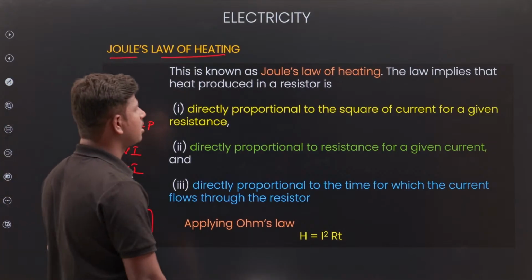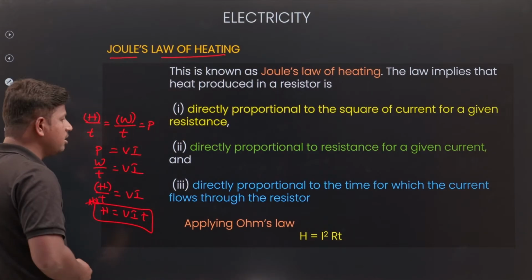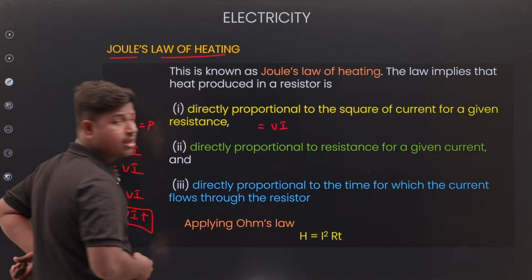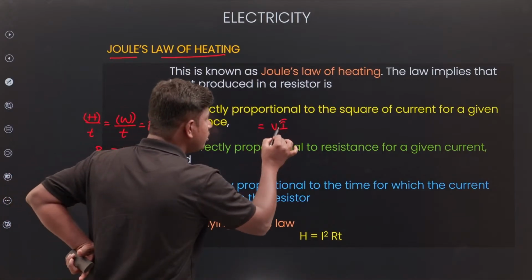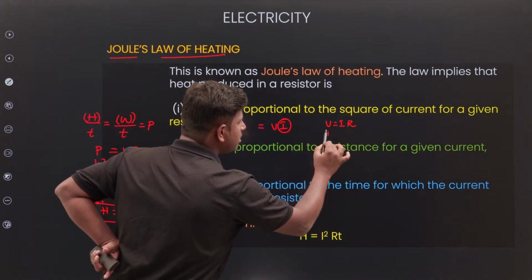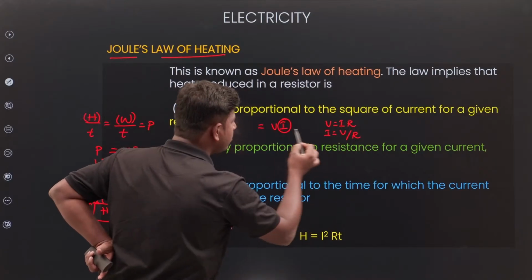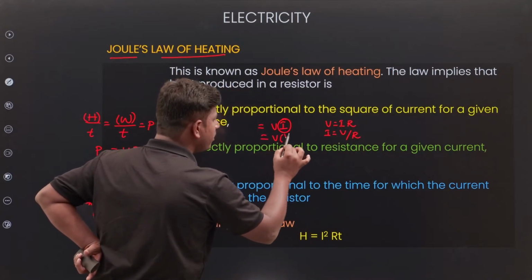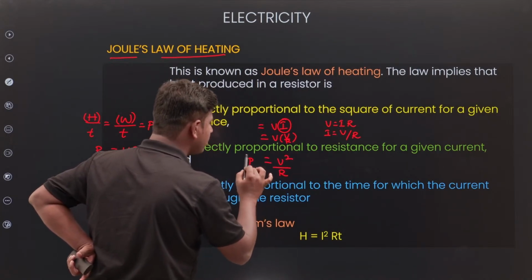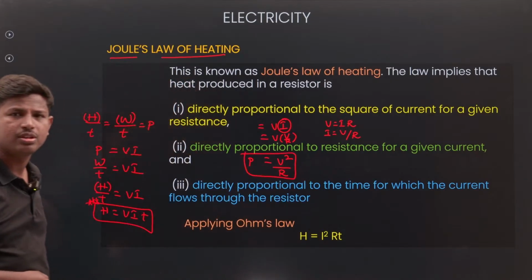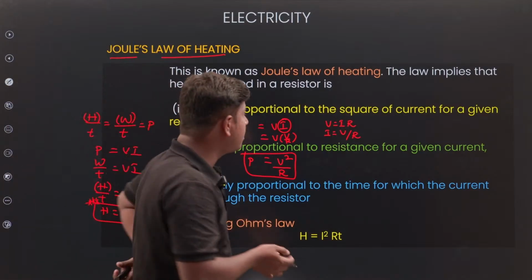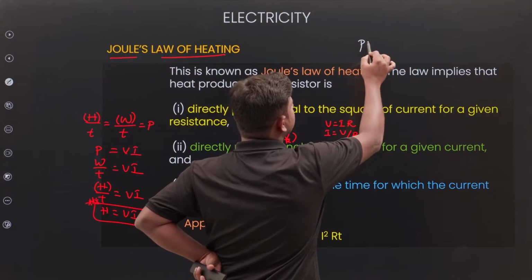So see, I am writing VI. What is the I value from Ohm's law? V is equal to IR. Then I is equal to V by R. Substitute here, V by R, then it will be V square by R. P is equal to V square by R. Or if you require it in terms of current, P is equal to VI.